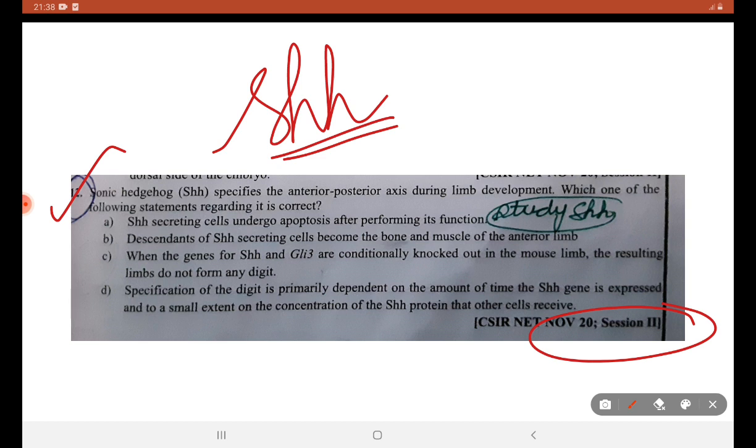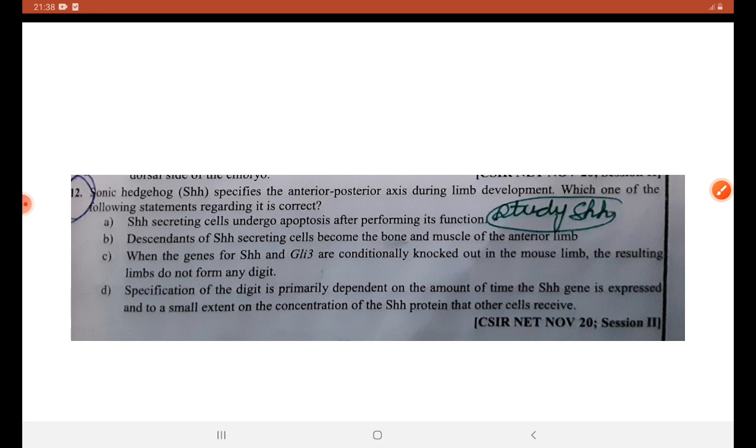No. When genes of hedgehog and GLI3 are conditionally knocked out in the mouse limb, the resulting limbs do not form any digit. No. Specification of digits primarily depends upon the amount of time hedgehog is expressed and the concentration of hedgehog protein that cells receive. So for this question, D is the appropriate answer.